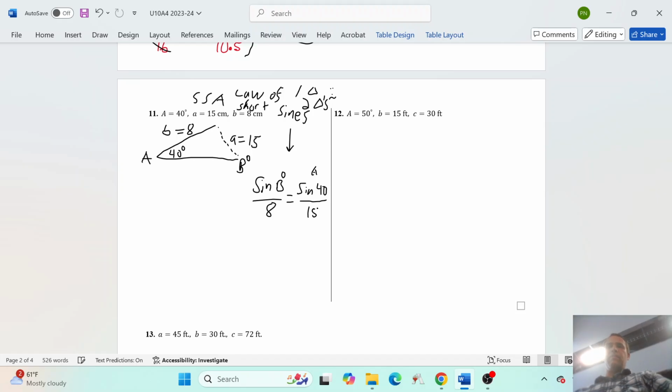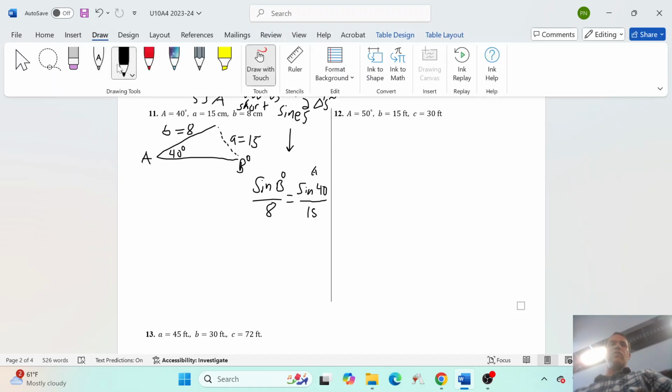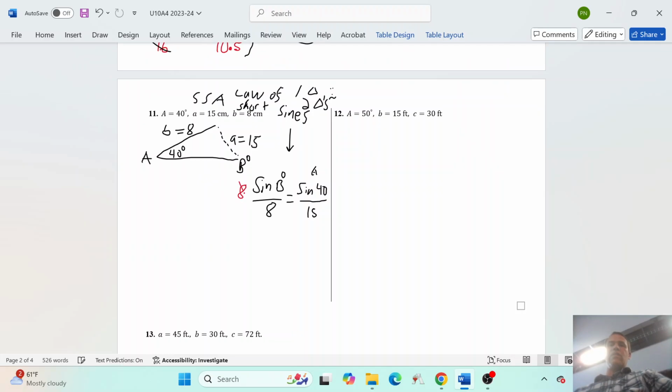Then we're going to solve for big B by multiplying by 8 over to the other side.